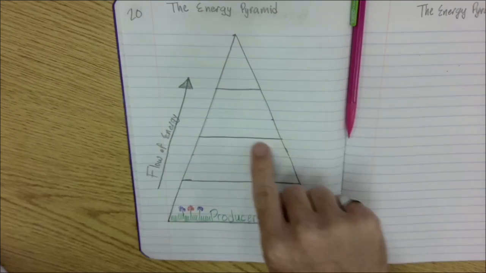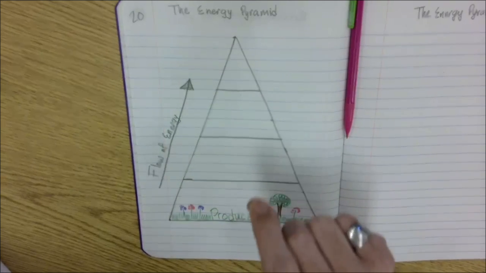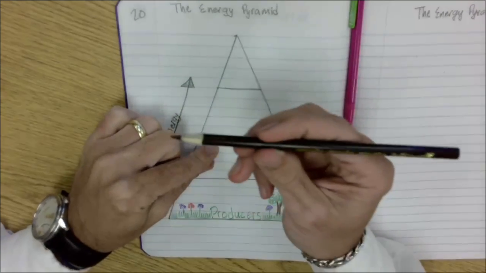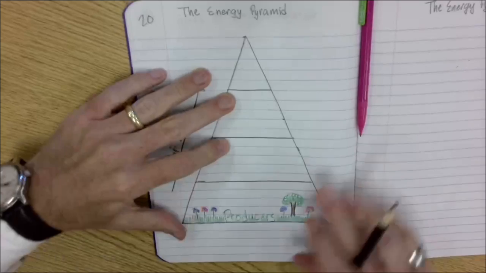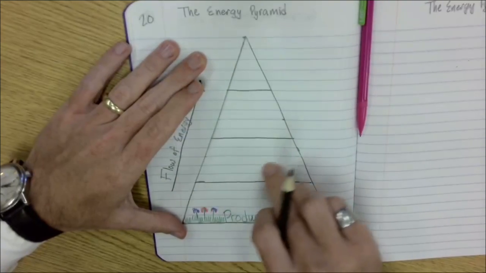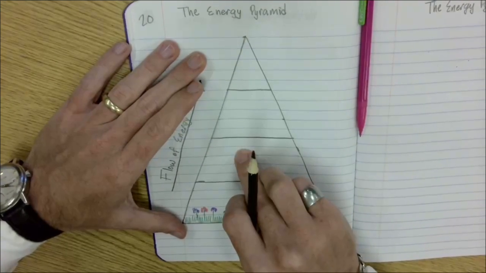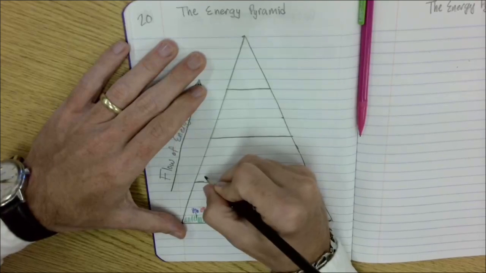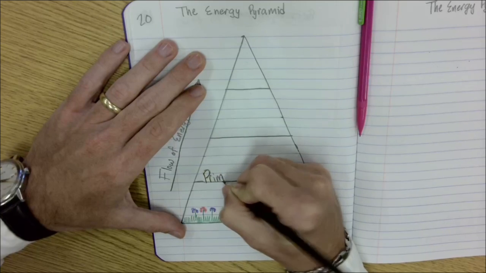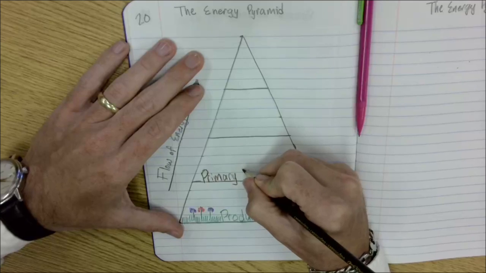This group is going to be all of our herbivores, but we're learning a new vocabulary word for herbivores. This box will be in brown, and the group here that consists entirely of herbivores, so all herbivores in an ecosystem would fall into this level, and those are called primary consumers. So I'm going to label this box in brown.